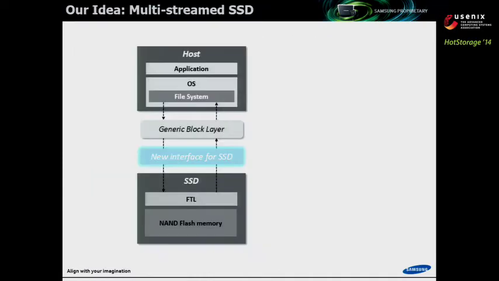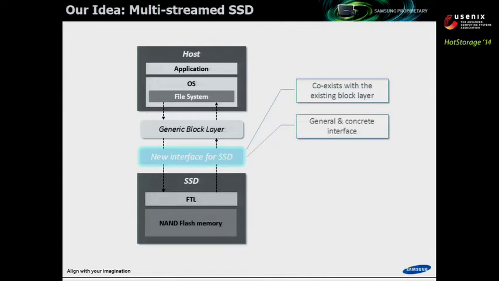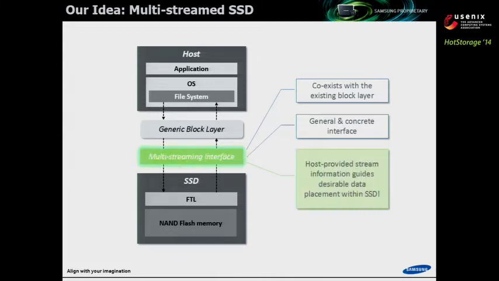Therefore, we think about a new interface for SSD. This interface should coexist with the existing block layer, should be general to all SSDs, and should have a concrete concept. So we proposed the multi-streaming interface, which guides data placement within the SSD for high GC efficiency.